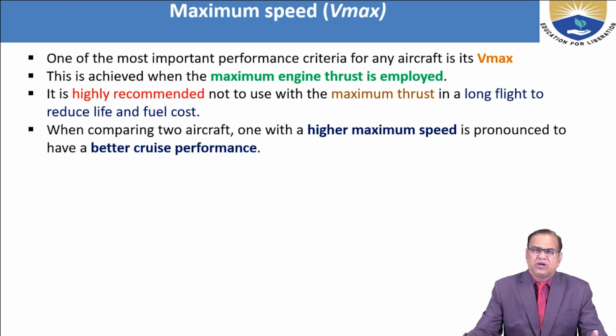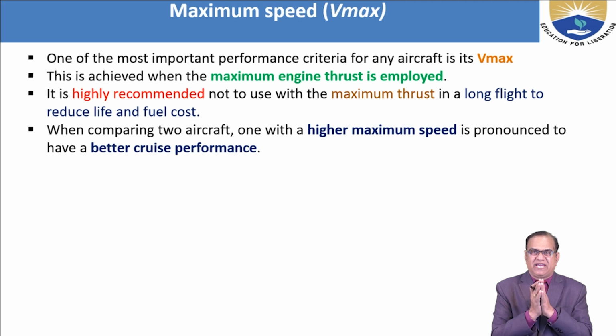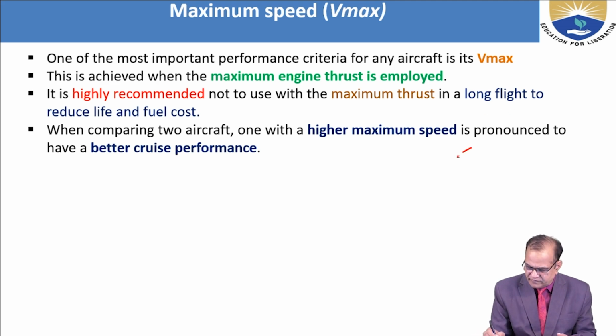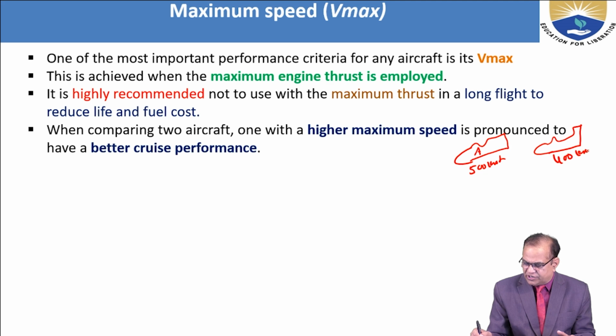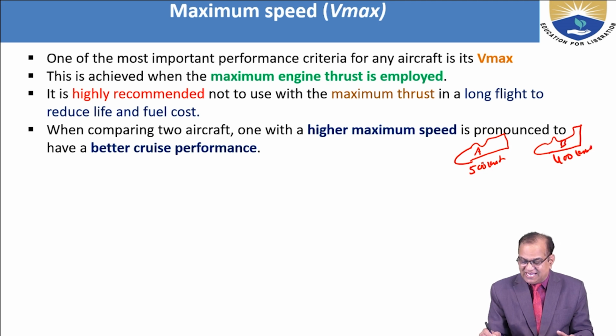When comparing two aircraft, the one with a higher maximum speed is presumed to have better cruise performance. So if there are two aircraft A and B, if A has 500 knots and B has 400 knots, A is assumed to have better cruise performance.